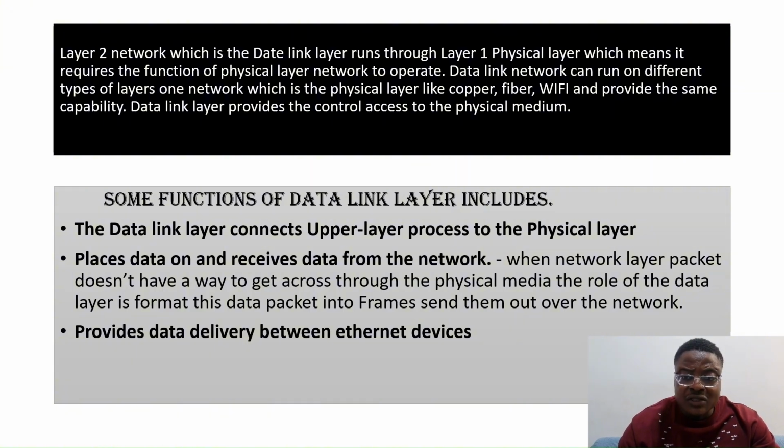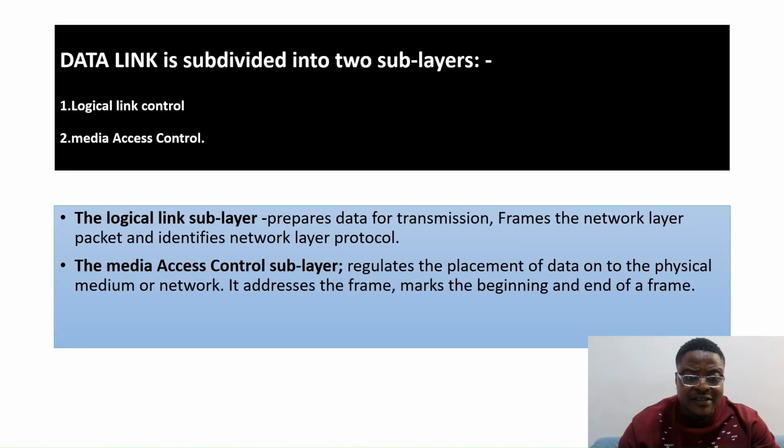When a network layer packet doesn't have a way to get across the physical media, the role of the data link layer is to format this data packet into frames and send them out over the network. It also provides data delivery between Ethernet devices. The data link layer is subdivided into two sublayers: the logical link control and the media access control.